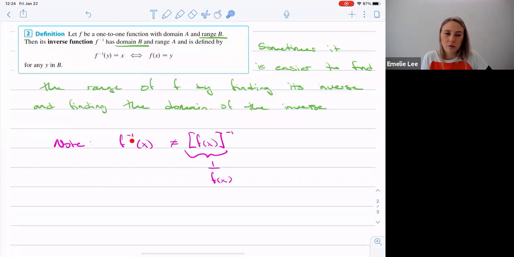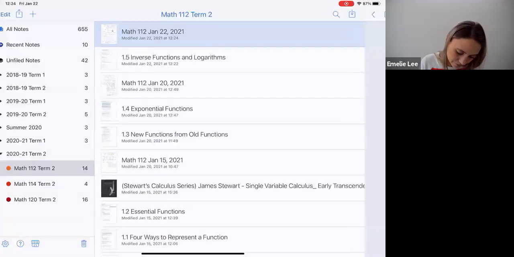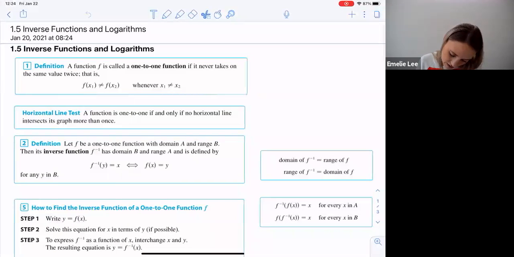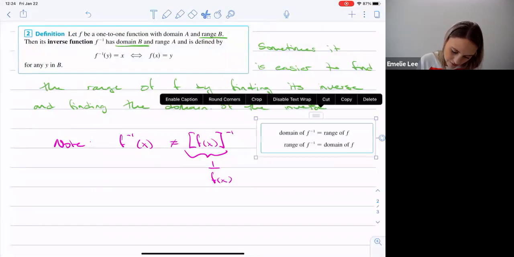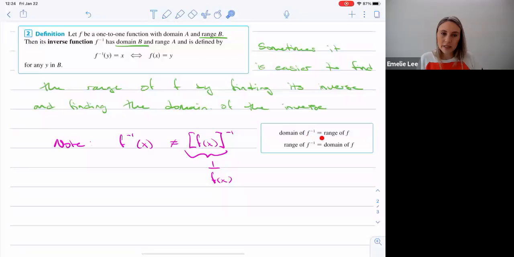This is the inverse function notation, right? So that's really important. And I've got this little summary piece here, right? So the domain of the inverse is the range of the original function, and the range of the inverse is the domain of the original function. So you can use those to find the domain and range of both.